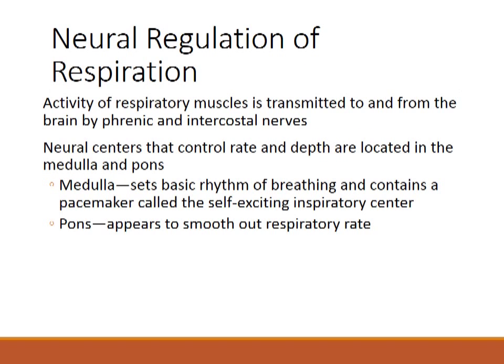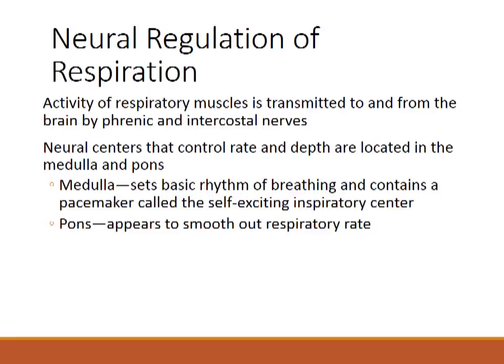Neural regulation of respiration. The activity of the respiratory muscles is transmitted to and from the brain by the phrenic and the intercostal nerves. The neural centers that control rate and depth are located in the medulla and the pons. The medulla in the brain sets the basic rhythm of breathing and contains a pacemaker that is self-exciting for the inspiratory center.